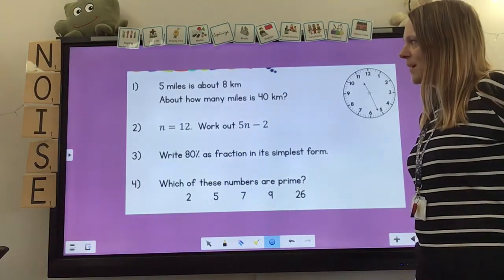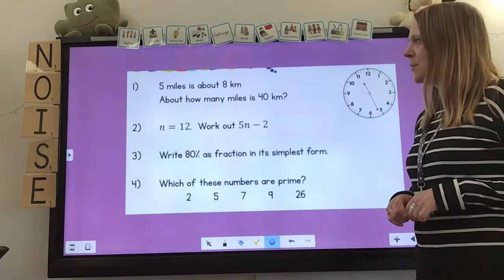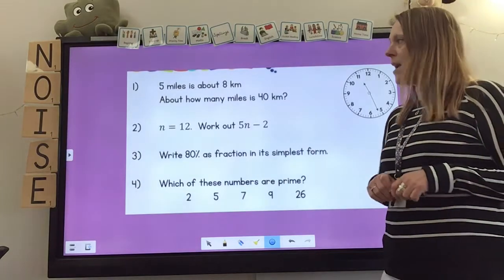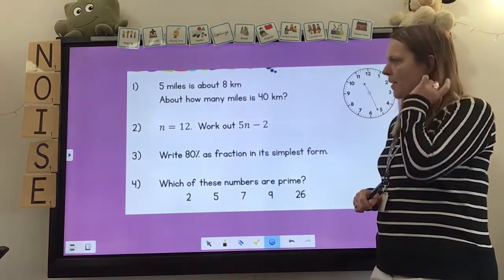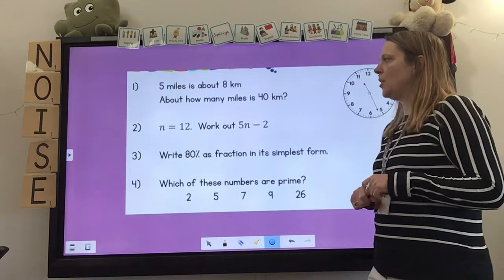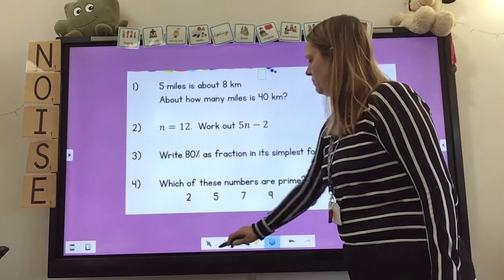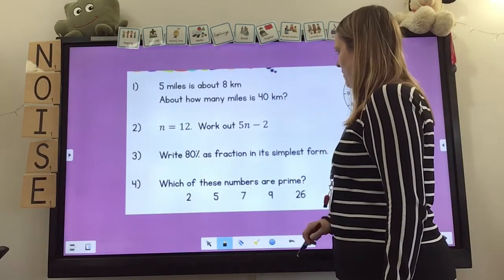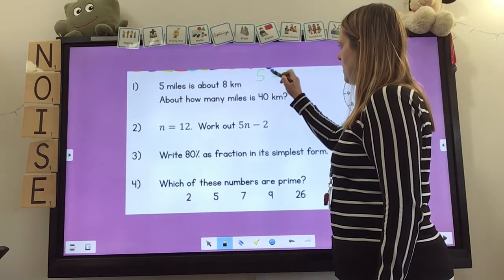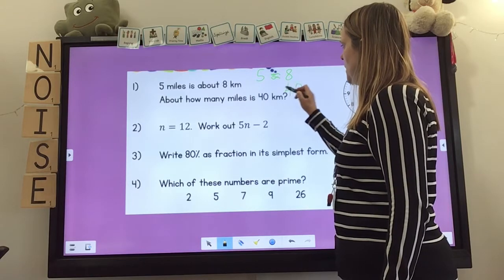Welcome back. Right, last week we were doing some work comparing miles and kilometres, and we found out that 5 miles is approximately 8 kilometres. So if we know that, how can we work out how many miles is 40 kilometres? So if we know that 5 equals approximately 8, or remember it's that squiggly line to show approximately, and we know that we have 40 kilometres.